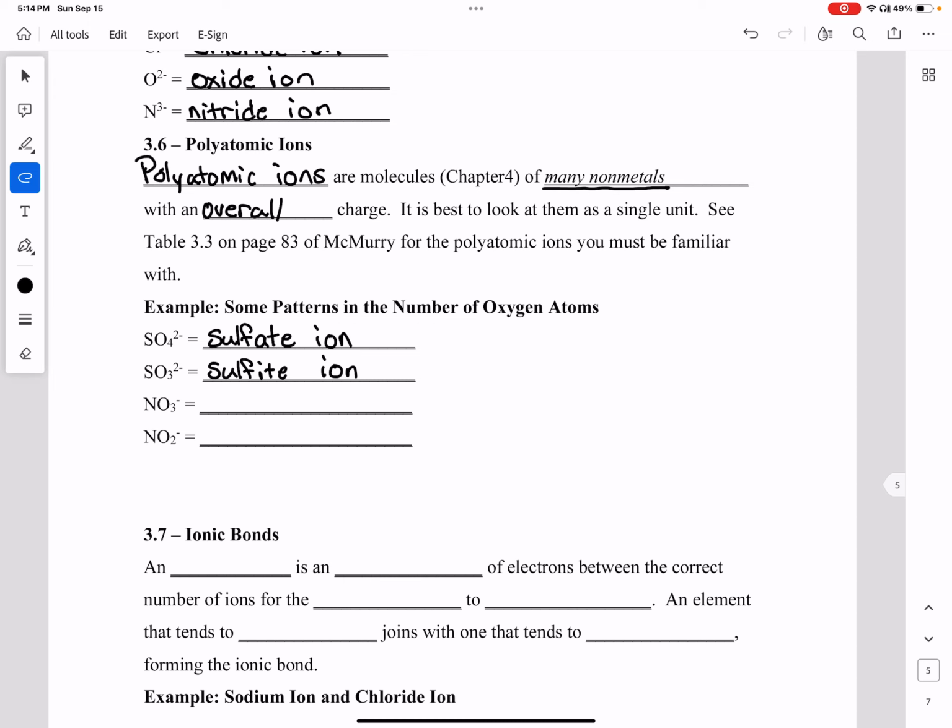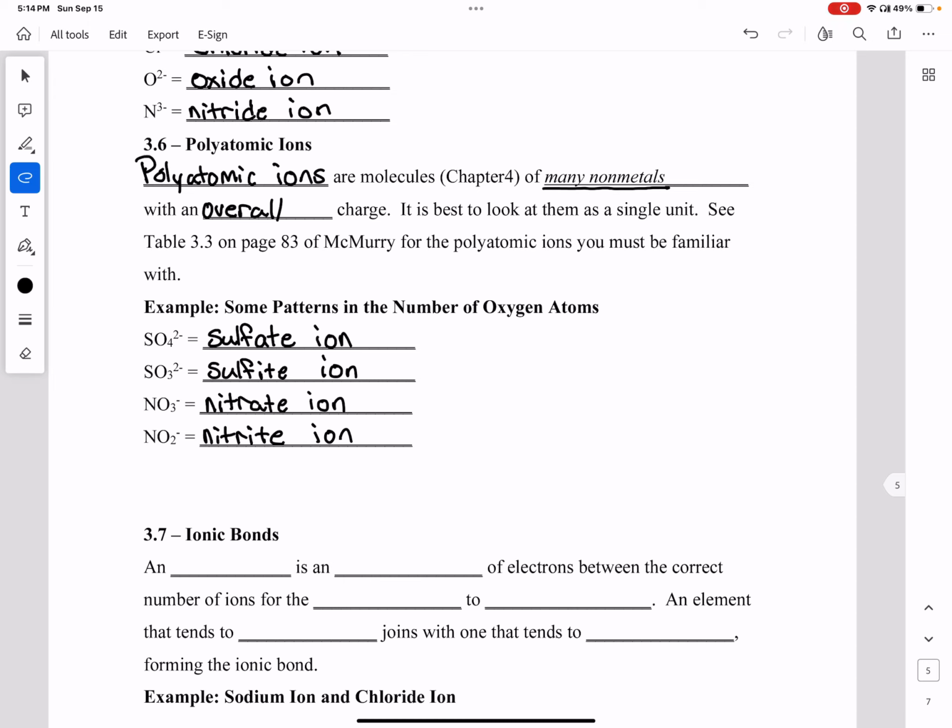You might think that at first, but this NO3 is nitrate, the nitrate ion, and NO2 is the nitrite ion. If you looked at these two in isolation, you might say nitrate means 3 oxygens and nitrite means 2 oxygens with those -ates and -ites.